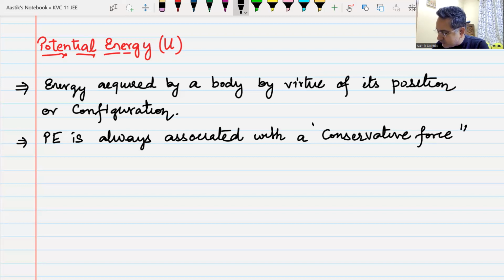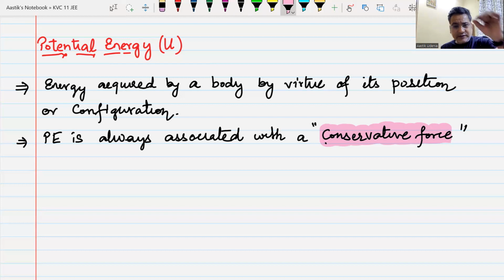Does anyone remember what is this conservative force? Does not depend upon path. Well done. This conservative force is a force whose work done does not depend on path. So this potential energy is always associated with a conservative force. Whenever and wherever you have a conservative force, you have potential energy.